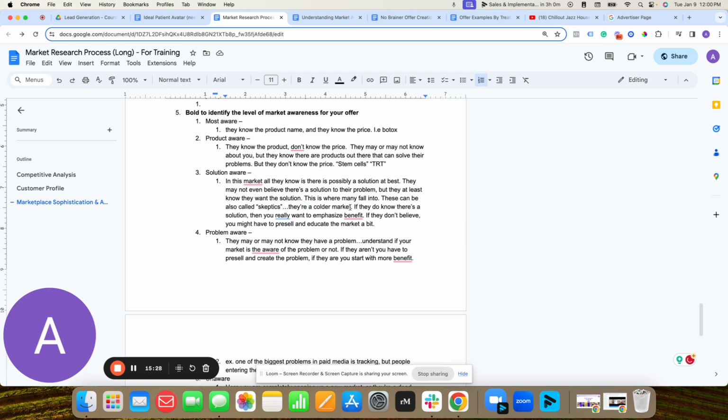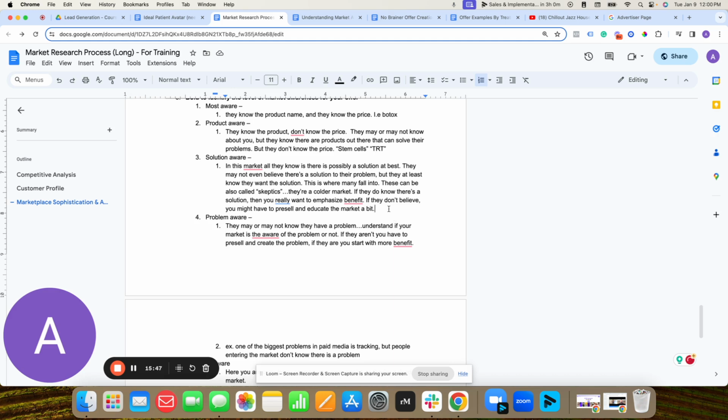He's a 65-year-old guy, 66. He knows that this stuff exists. Obviously, I'm his son, but he may not even believe that that's a real solution, but he at least wants to know about it, that it exists. He's definitely skeptical. He's definitely a colder market. This happens a lot in men specifically. It's like a masculine trait, to be skeptical about a solution like this.